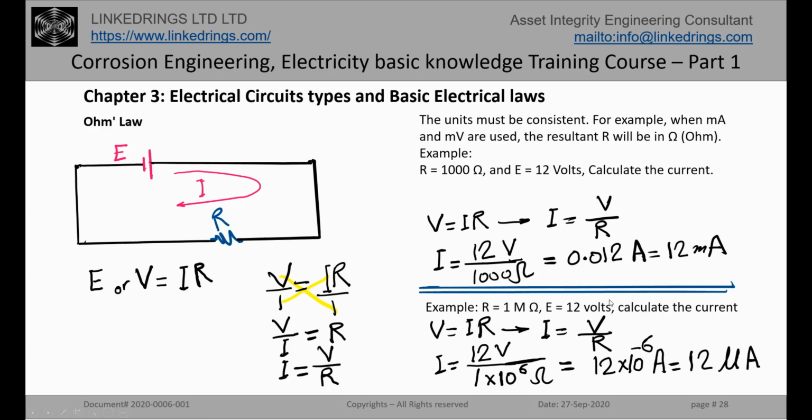V equals IR, so I equals V divided by R. V is 12 volts, and how much is R? 1 mega means 1 times 10 to the power 6 ohms. So the current will equal 12 times 10 to the power minus 6 amperes, which is 12 microamperes.